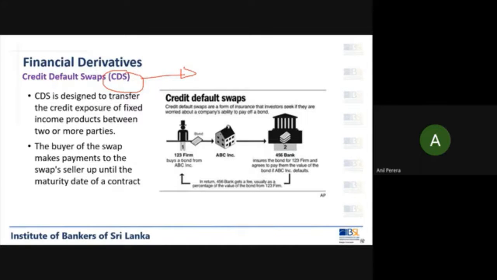Now, that risk is not there if it is a government bond. But what we are talking about here is that credit default swaps are mainly applicable for corporate bonds. Usually, or very rarely, governments default. But with corporate bonds, which means private bonds, there is a possibility that default could happen.